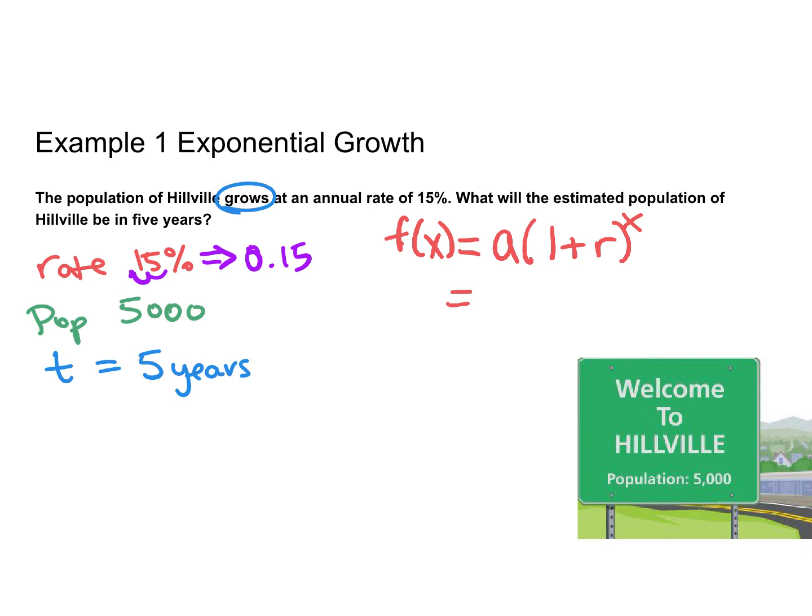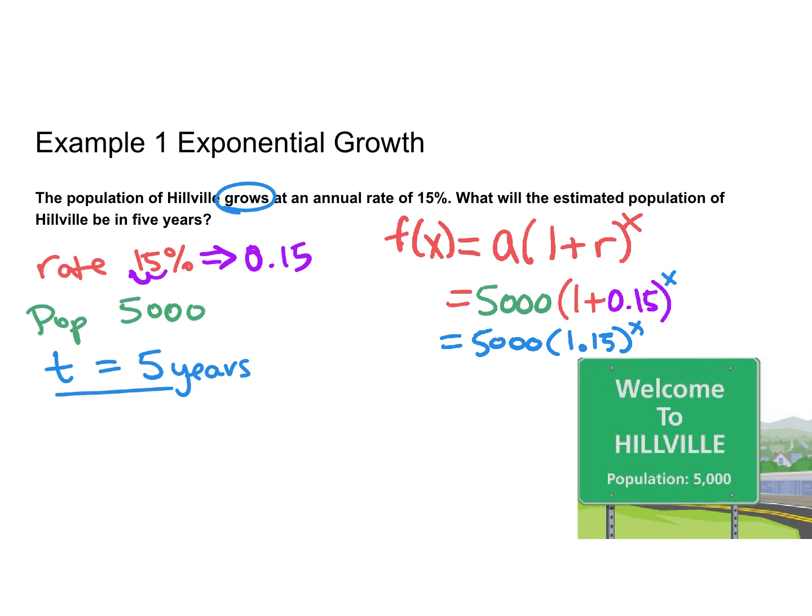So our starting value was 5,000, and we put in parentheses 1 plus our rate of 0.15, and then we close it out with an x. That gives us our equation, which you can simplify to look like this. Those are the same answers. Now, if you want to figure out the time after 5 years, that just means you plug that into the equation: 5,000 times 1.15 raised to the x power.